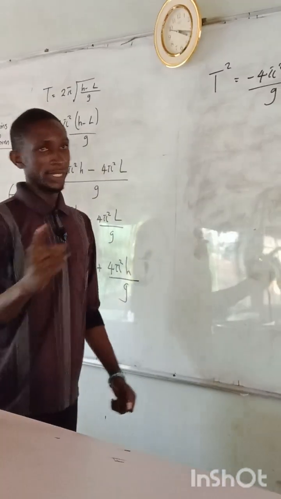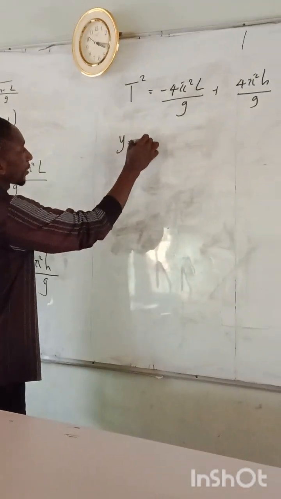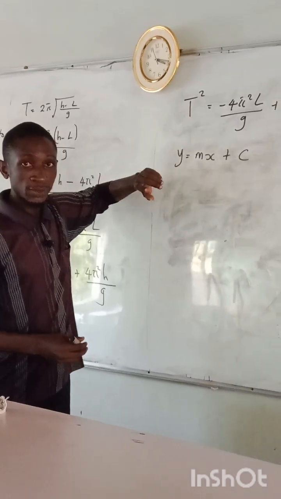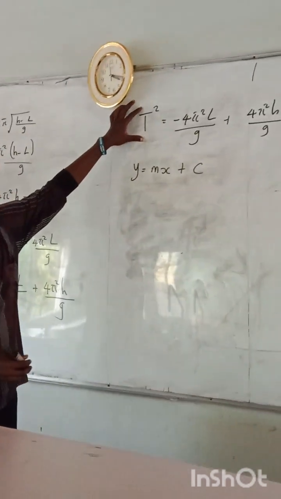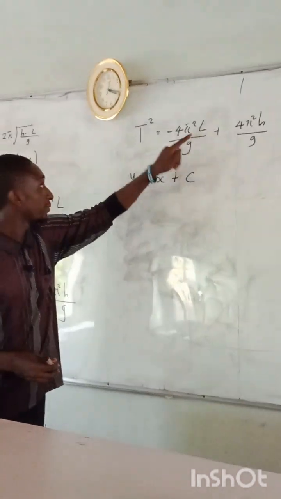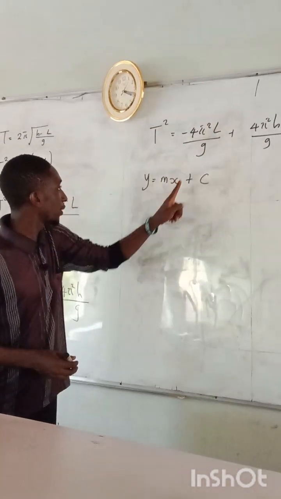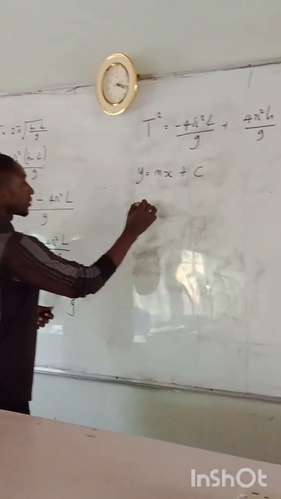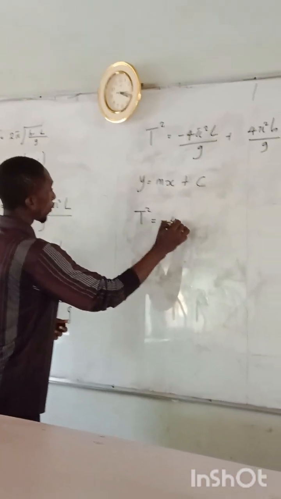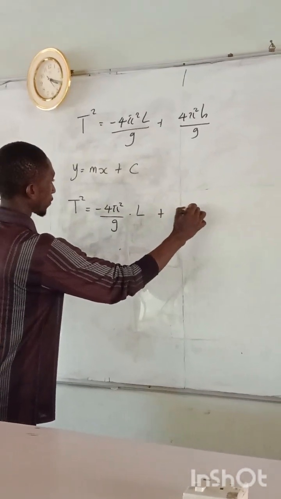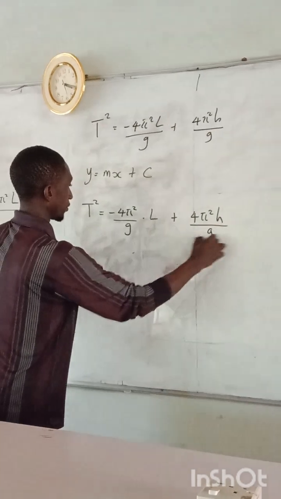Now remember our linear equation, y is equal to mx plus c. When we compare with this equation, you can see that y is our T squared component. This is the component of the slope, but our x component is L. So everything before L becomes our m, and then plus c. From here, we can say T squared is equal to minus 4 pi squared over g, times L, plus 4 pi squared h over g.